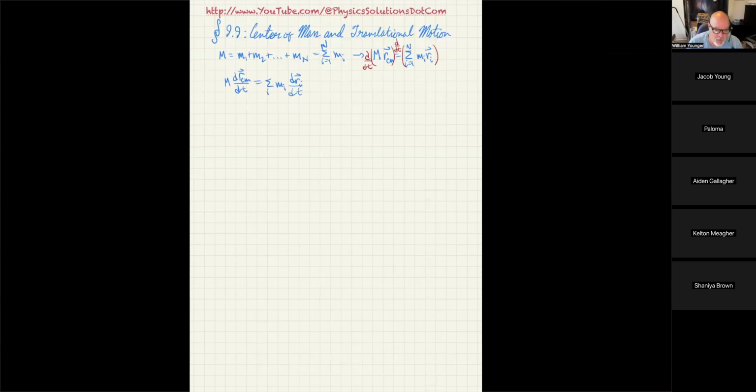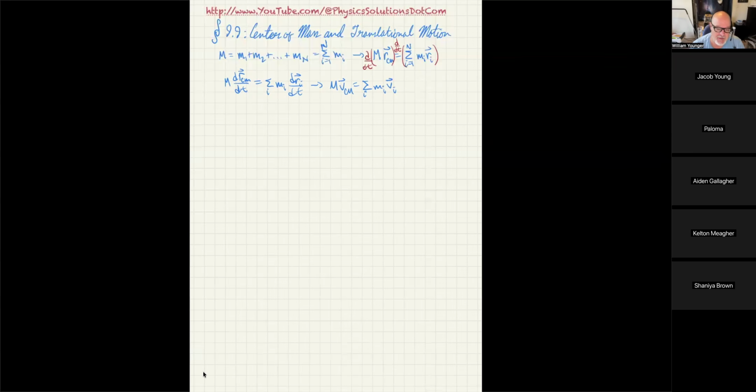That tells you that M times the velocity of the center of mass is equal to the summation over i of m sub i v sub i, which you can recognize as the momentum we talked about. Remember, momentum is mass times velocity, but now I have the sum of all the individual masses.